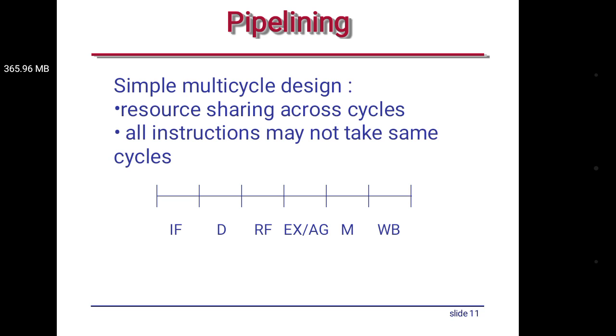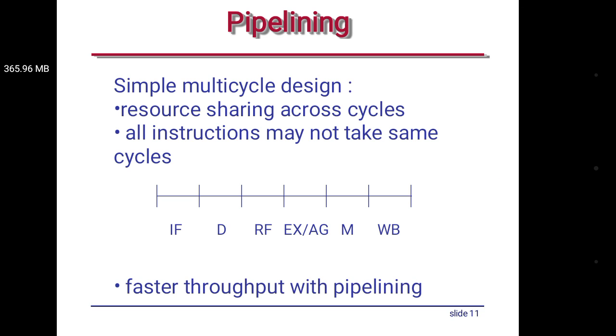After stalling, the whole processing unit will pause for a short time. That will not be a minute, it will always be in nanoseconds or microseconds. So we will have to wait. That is the reason all instructions may not have the same cycles. Another point is faster throughput with pipelining, as linear execution will not be able to give us the throughput that pipelining gives us.